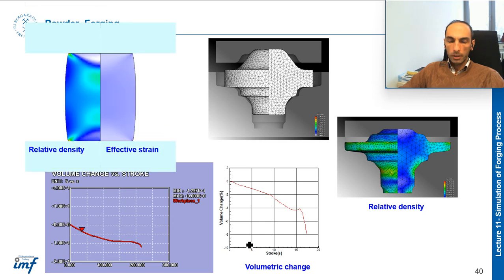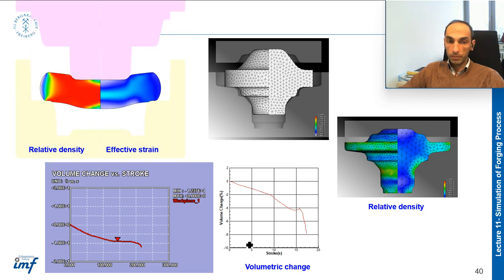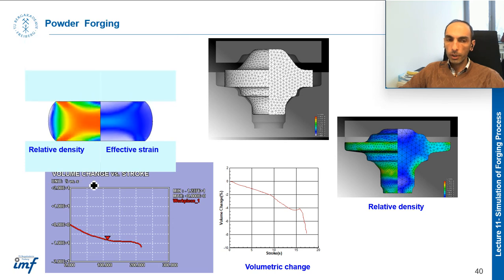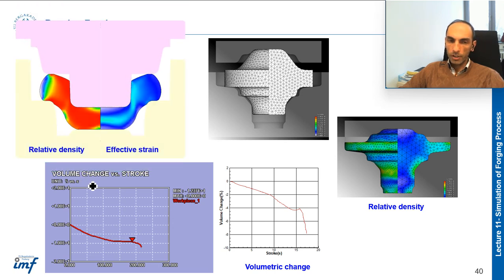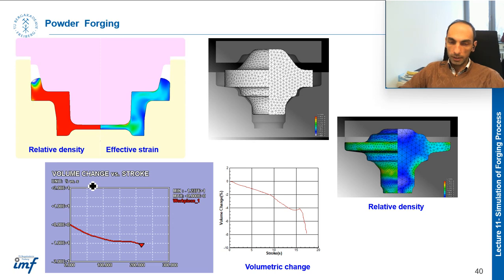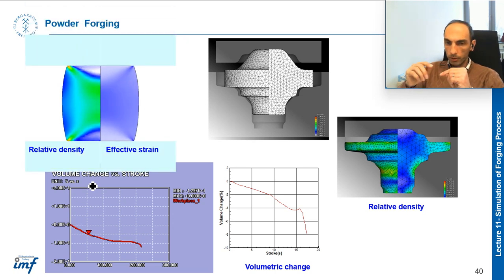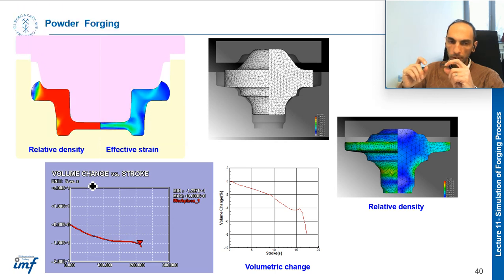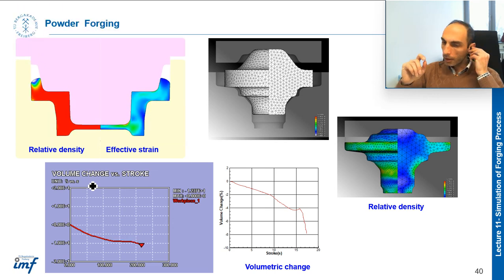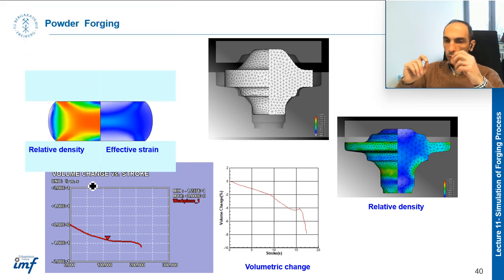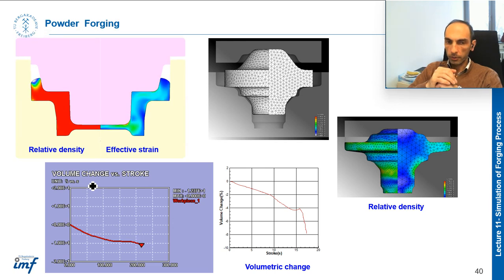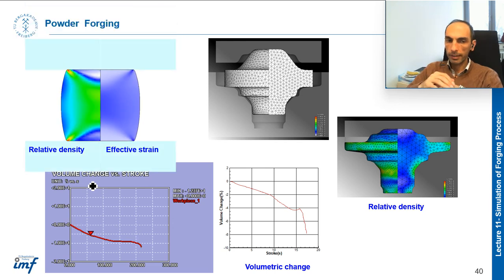Of course, in the case of continuum material, not powder, sometimes you see a small volume change, a small increase or a small reduction of volume. But it's just a numerical change; in reality we do not have it, but in simulation we do, and that is because of the remeshing.